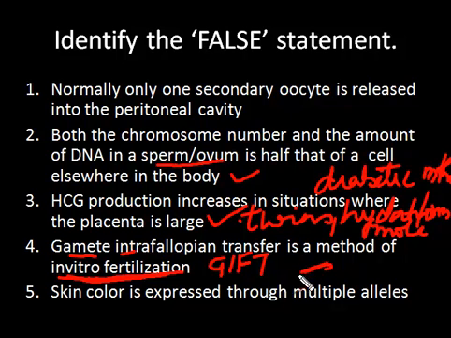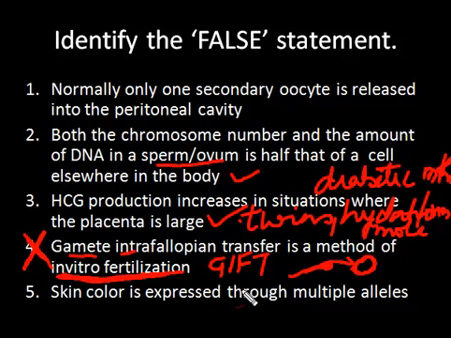So you have the sperms and an ovum, both placed inside the fallopian tubes. And when the sperm fertilizes the ovum, the fertilization occurs in the fallopian tube. So this is not a method of in vitro fertilization. This is the false statement, and hence the answer to this question.